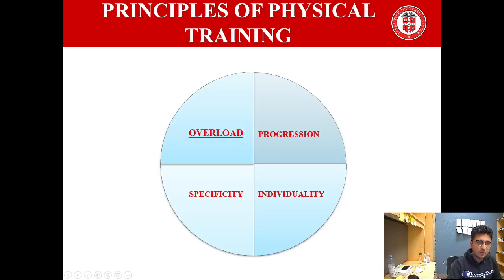Then we talked about progression, why it is necessary to continue progressing in order to have maximal benefits. And whatever exercise we are doing, we have to be very specific, keeping our goals in mind. And genes and genetics play a very critical role in our response to exercise.